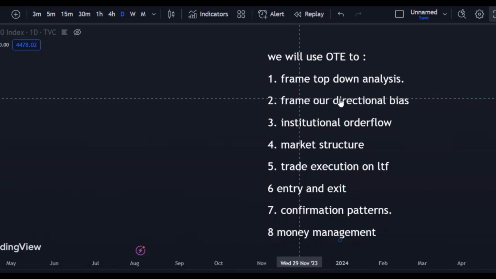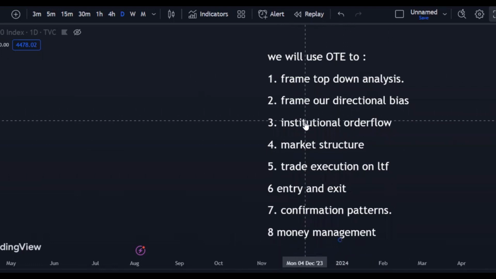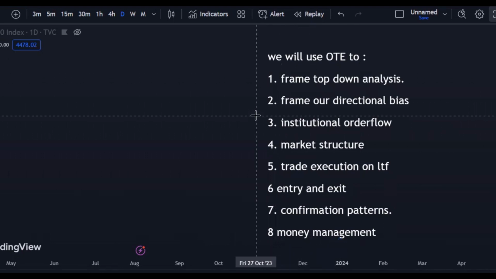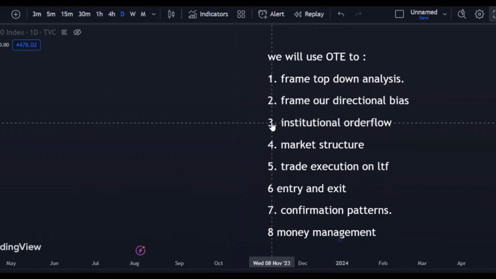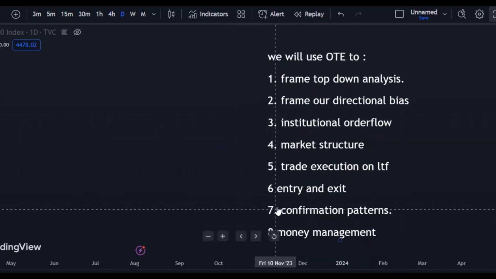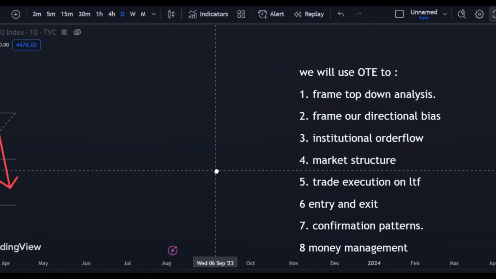Okay, so frame our directional bias, institutional order flow, market structure. These are the first four I want to talk about in just less than 5 minutes. I should be through with it and make it simple for you guys to understand. Then I want to spend a lot of time on number 5 to number 7, and then probably number 8. Okay, so first of all, we'll start with the top-down analysis approach.